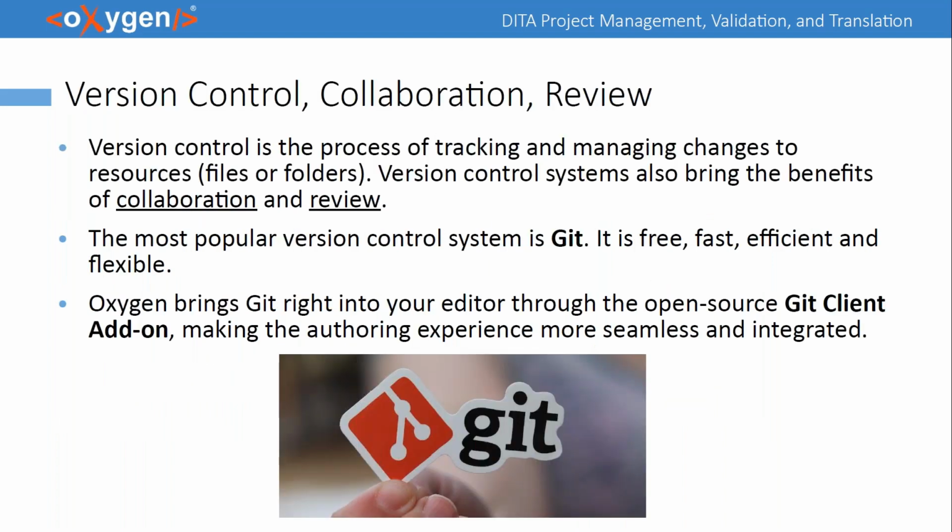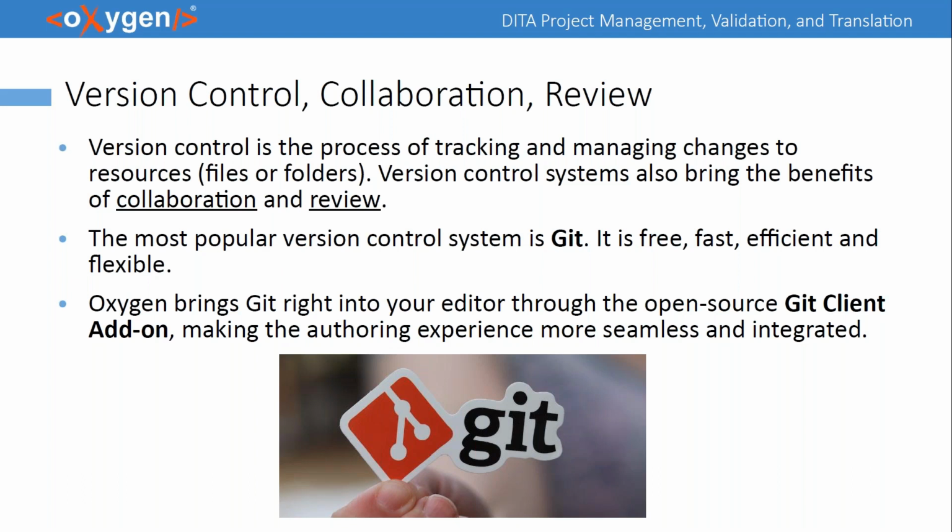Okay, let's move on. So, version control. What is version control? It is the process of keeping track of and managing changes. And you do this by using version control systems, which also bring the benefits of collaboration, many people working together, and review. And the most popular version control system out there is Git.